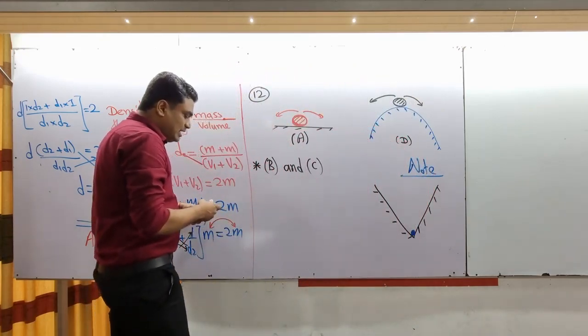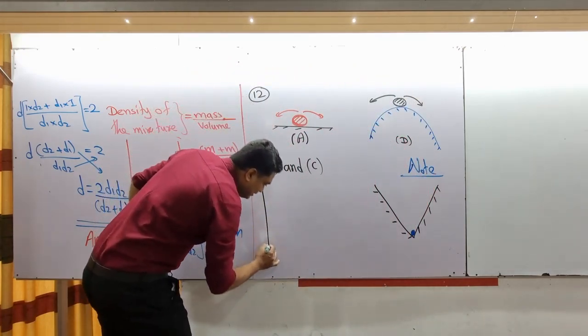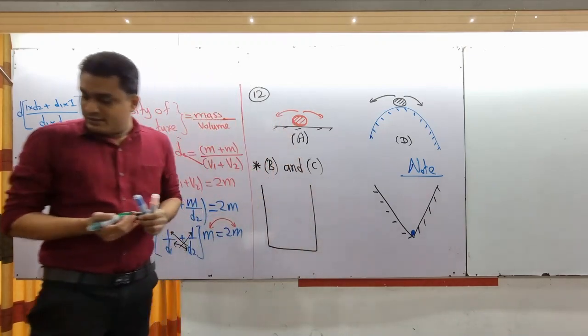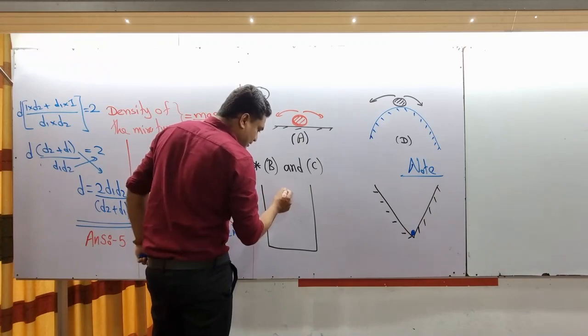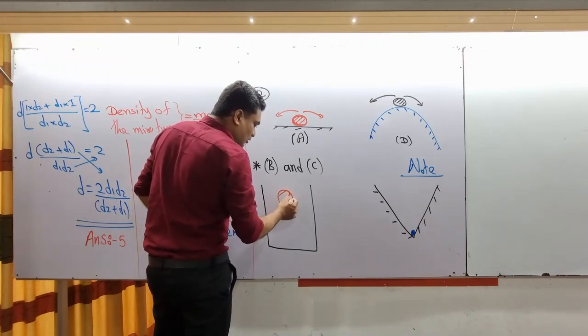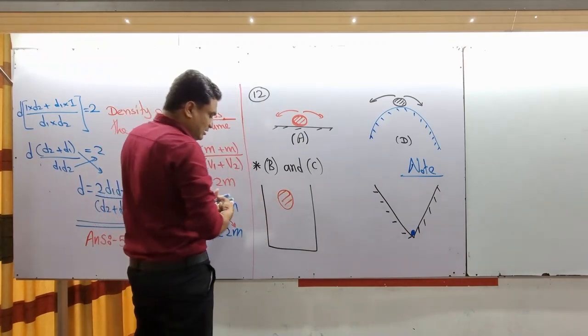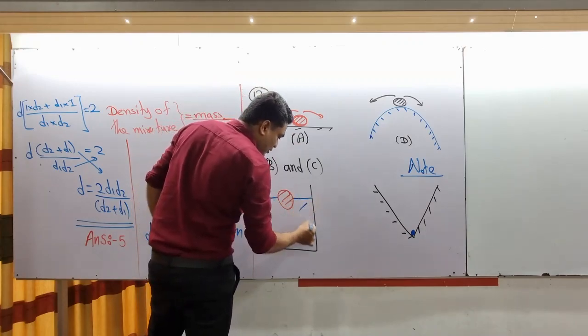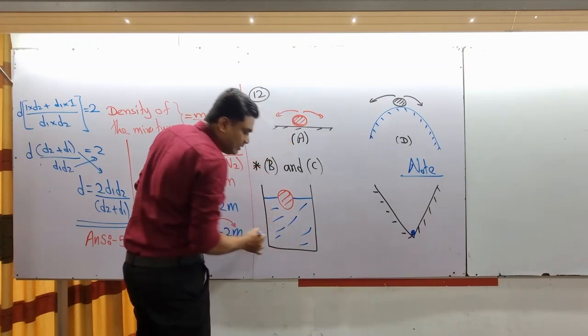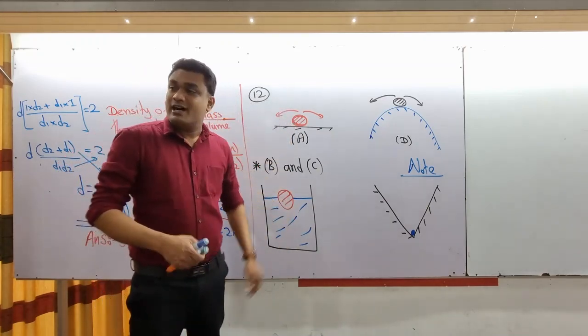In figure B, look at the board. The object floats on a liquid. Everybody knows when an object floats in a liquid, if you push the object downward, what will happen?